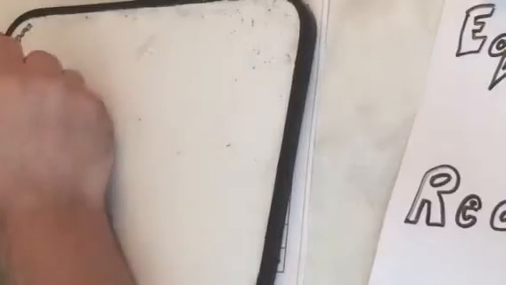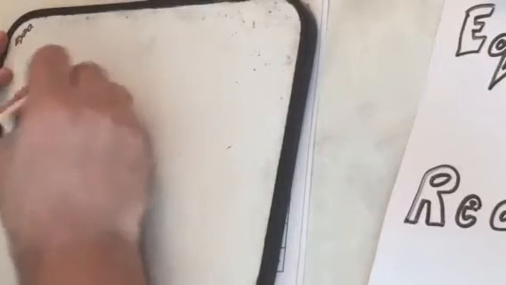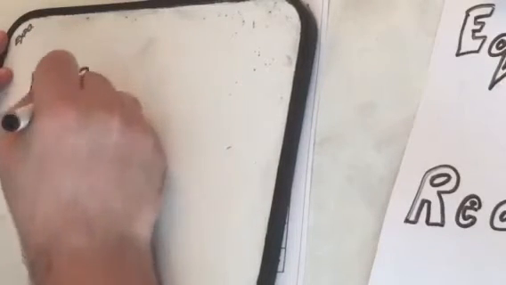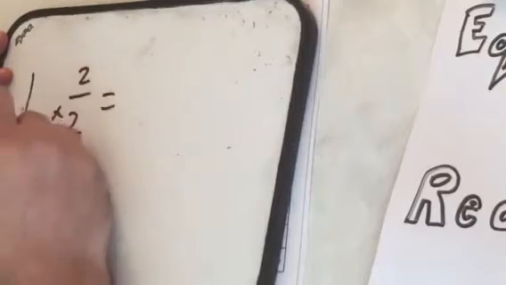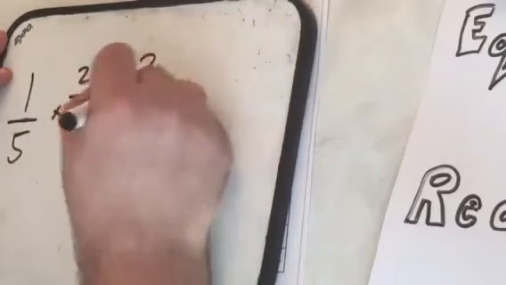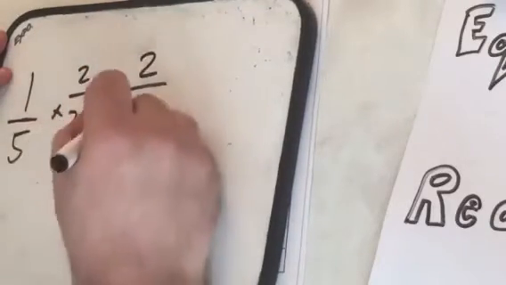If you have 1/5, times 2/2, well, 1 times 2 is 2, and 5 times 2 is 10.